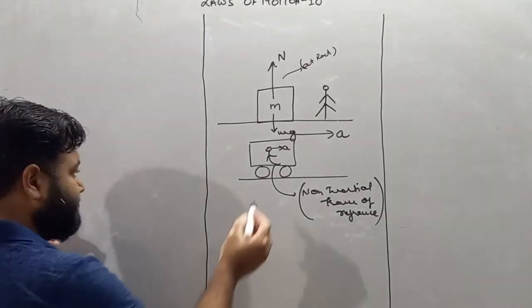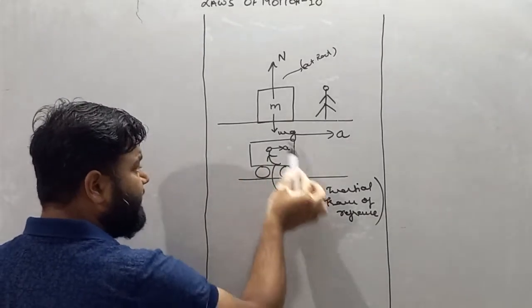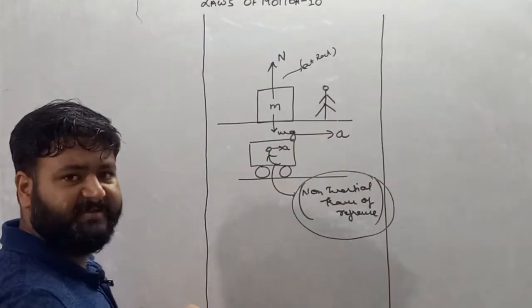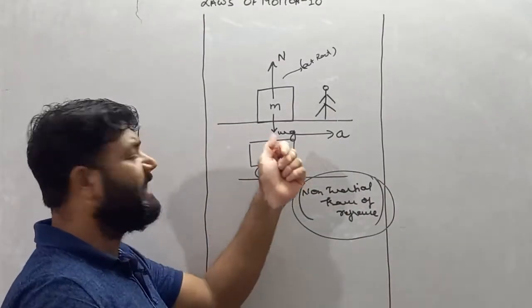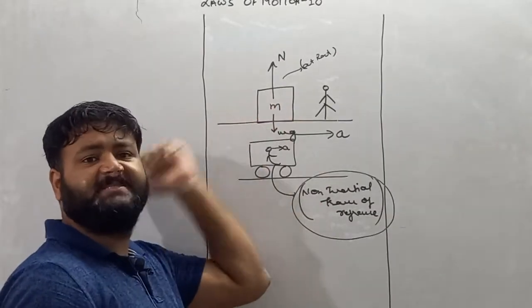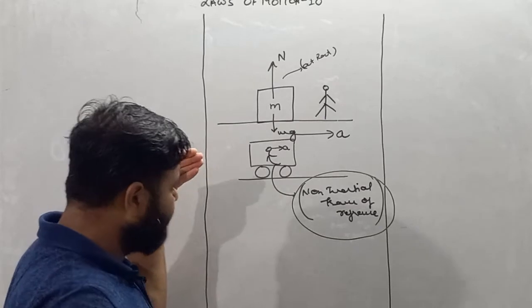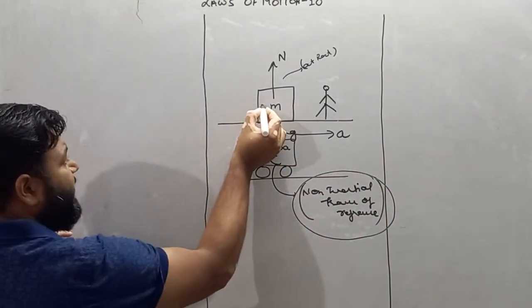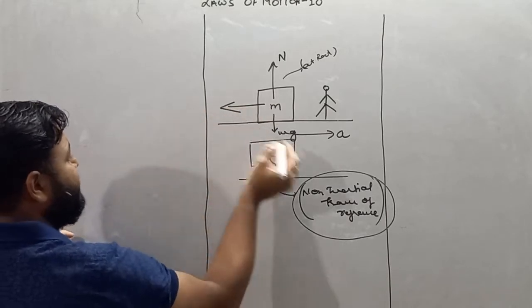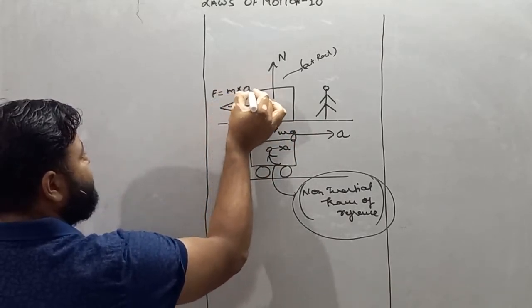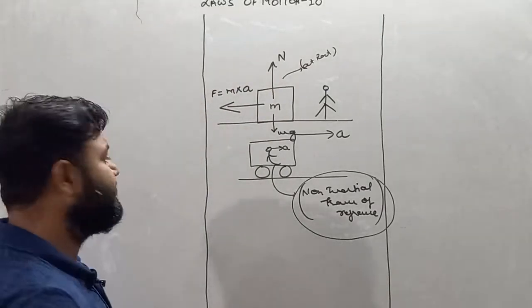Now see, if the observer is accelerating, that is in a non-inertial frame of reference, then we have to apply a force in the negative direction of acceleration of the observer. So if the observer is accelerating in this direction, then we have to apply a force in this direction, with force equal to mass of object into acceleration of observer.